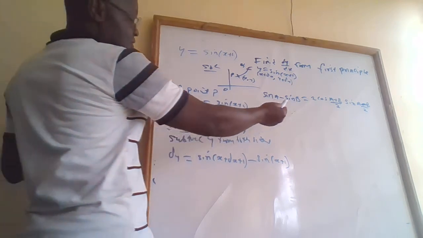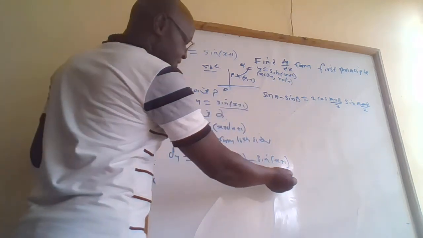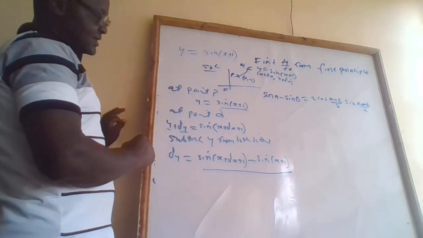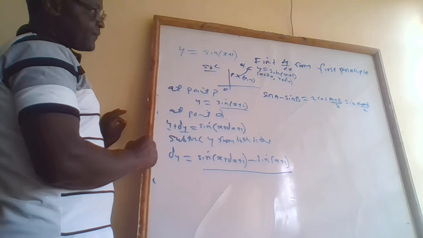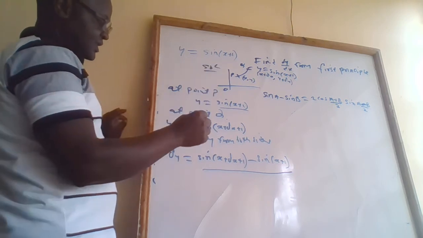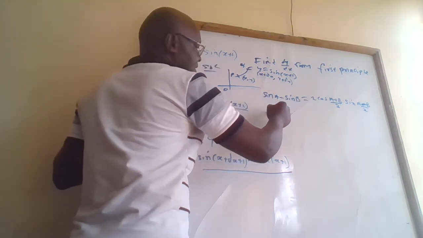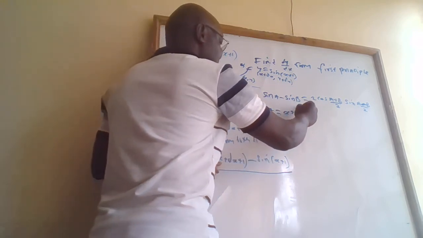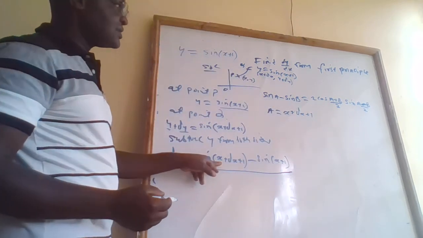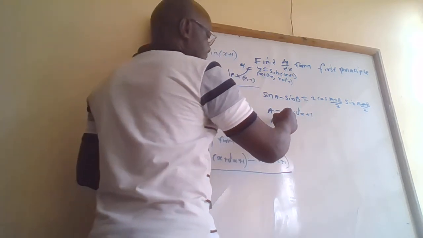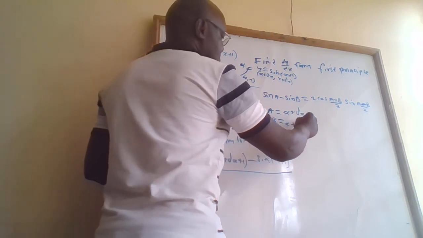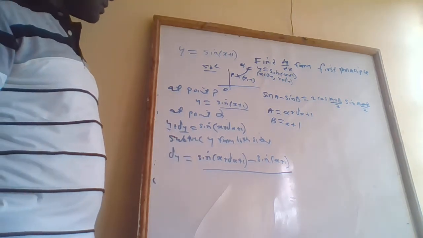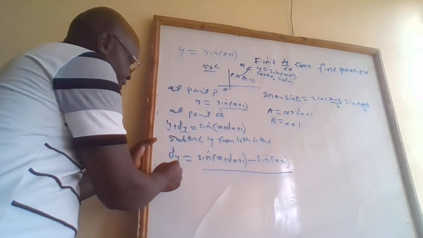Therefore, we can apply this concept to get the expression. Our A will be equal to x plus del x plus 1, and our B will be equal to x plus 1.